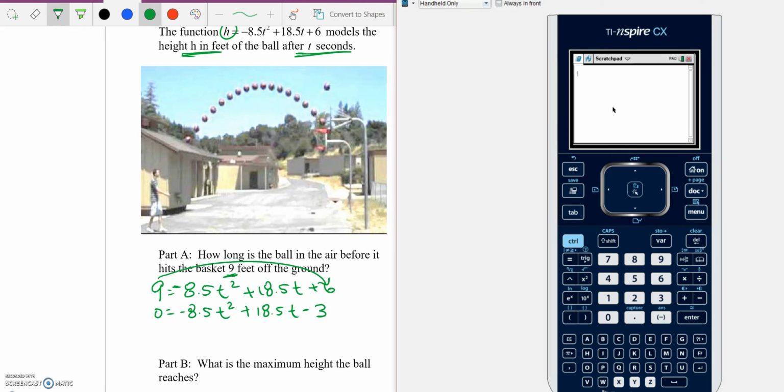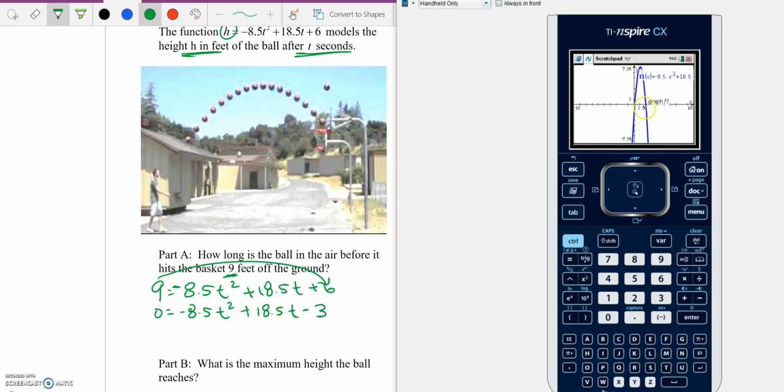Alright, so I'm going to go to my graph, and I'm going to put in the function -8.5x squared plus 18.5x minus 3, and I'm going to graph it, and this is my actual function.